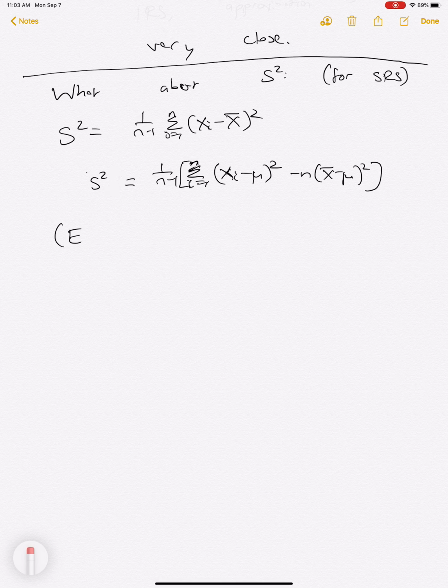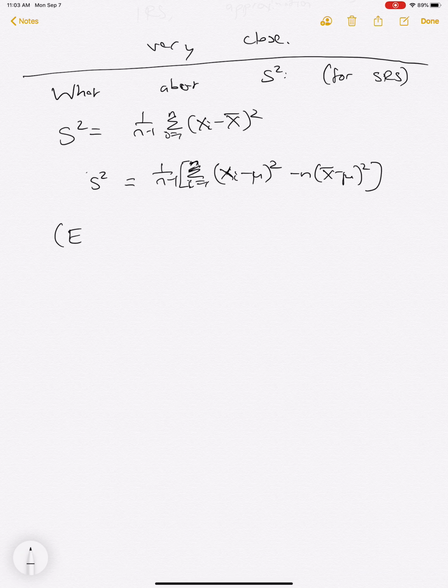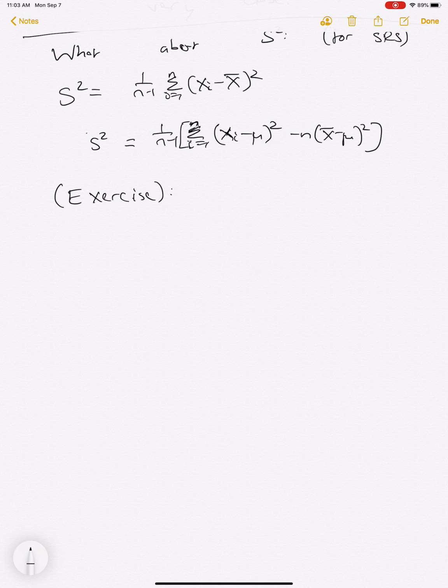Sorry, this is just doing the expansion without thinking about expectation at all. And so if you're confused by how to do this, I would encourage you to do this exercise. This is going to be a useful exercise throughout the course because we're going to see these types of little calculations come up in the homework a lot.